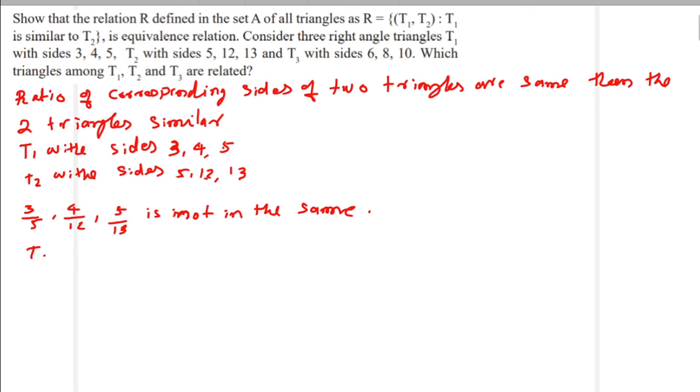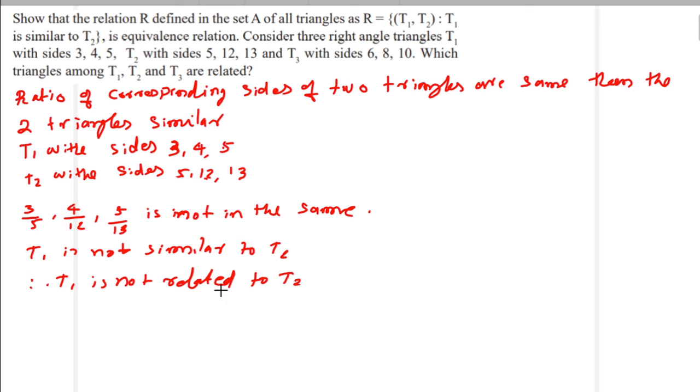So T1 is not similar to T2. Therefore, T1 is not related to T2.